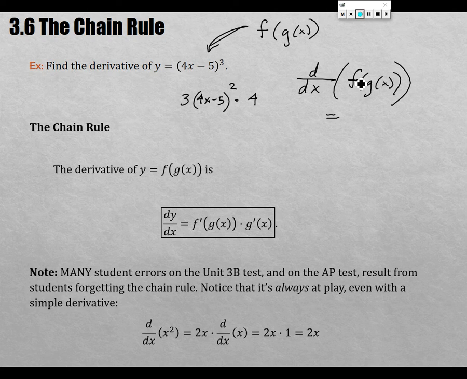Even on something as simple as taking the derivative of x squared, which is something you've done before, technically the chain rule is at play there too. It's just we didn't really talk about it. Do you see why? The inside function was x, and its derivative was 1. So it's always been there, lurking.